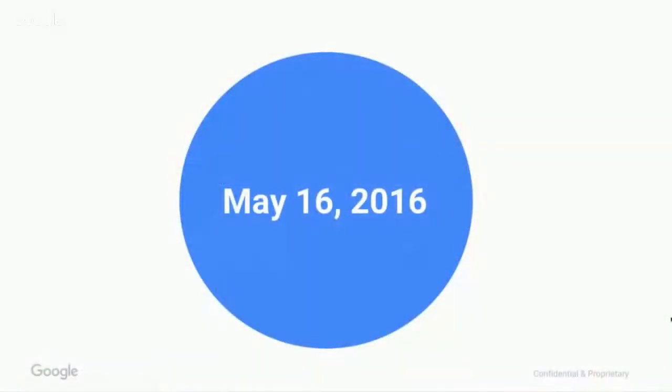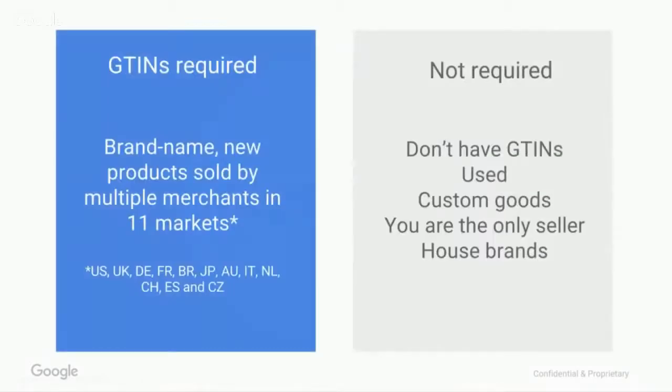OK, so as of May 16, 2016, Google will require merchants to submit correct GTINs. So items that are missing GTIN or have invalid GTIN will be disapproved at the item level. So let's look at which items require GTIN and which do not.